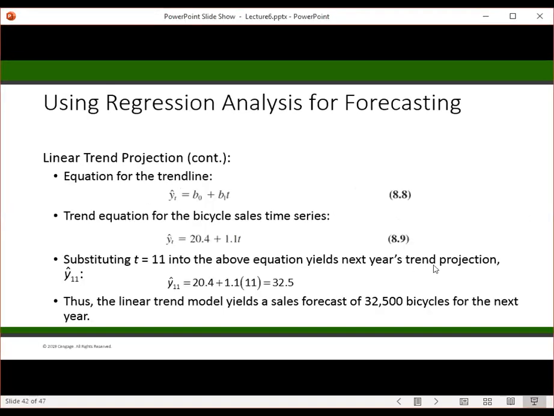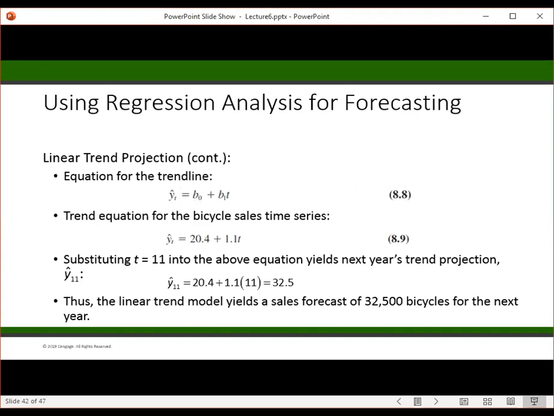So here's the equation. This one looks very familiar, B0 plus B1 times T. Last week was B0 plus B1 times X. So it's just showing that we're using the time periods as our independent variable.